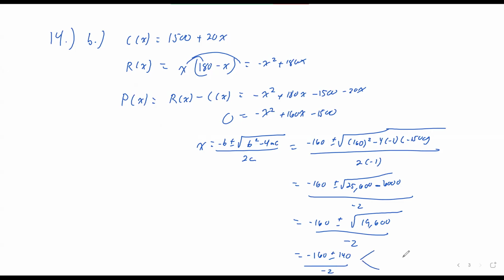When I break these into two parts, this is negative 160 plus 140 divided by negative 2, and this is negative 160 minus 140 divided by negative 2. So this gives me negative 20 divided by negative 2, which is 10 customers. And this would be negative 300 divided by negative 2, which is 150. So I have break-evens at 10 and 150 customers.